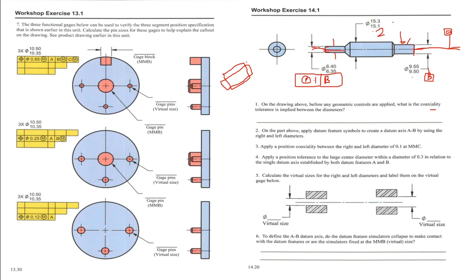So for this I can say it's a position symbol. First is the position symbol and then the tolerance of 0.3 with the central axis defined as datum A.